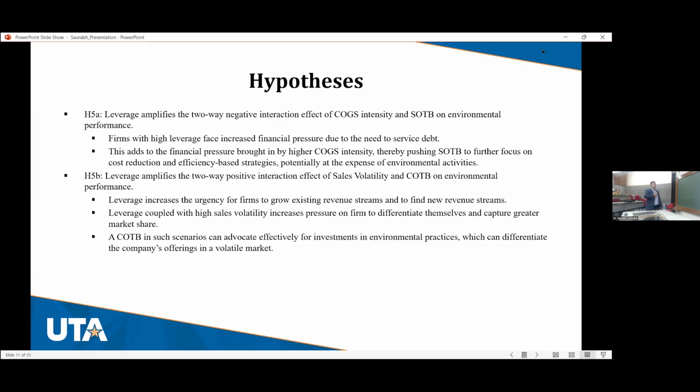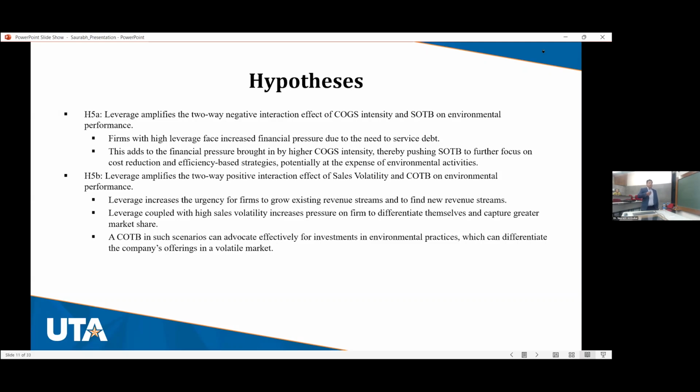When it comes to the customer on the board, now, if there is greater leverage, we are looking for new revenue streams. We are looking for new areas where companies can grow their market, gain new market share. And this can be seen as an opportunity for a company to appeal to more environmentally conscious customers or provide options that can tap into a new customer base.